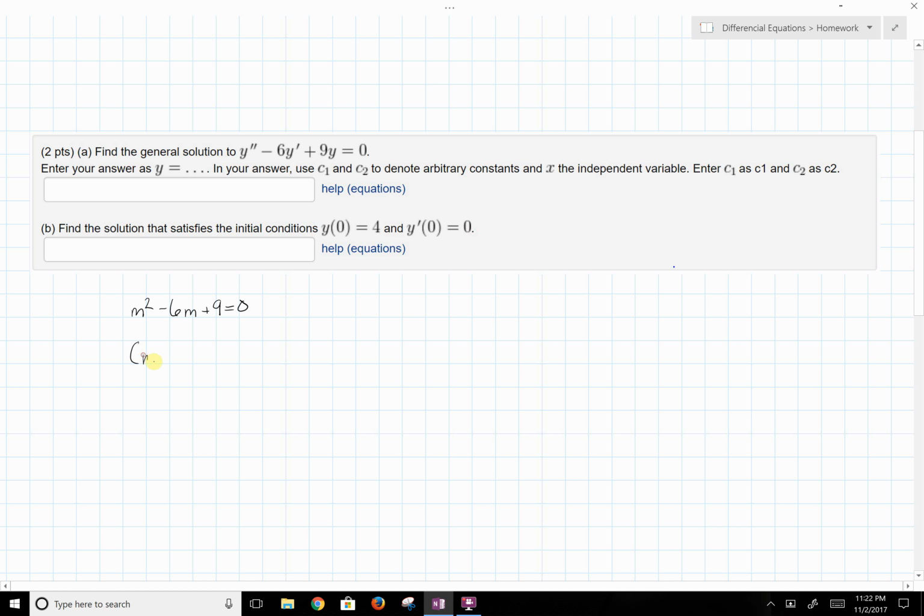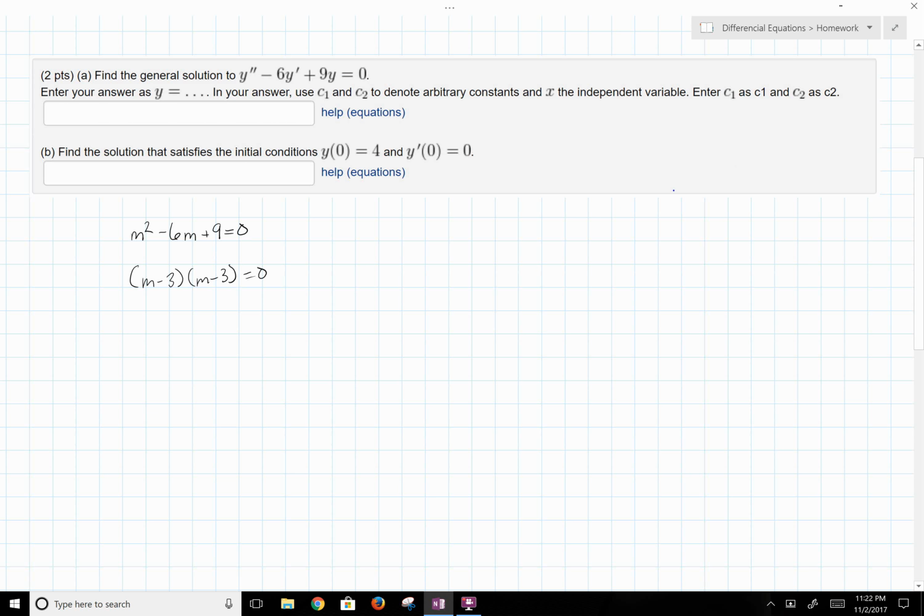So (m minus 3) times (m minus 3) now equals 0. And now we know that m1 equals m2 equals 3. So in this situation, we have a repeated root.